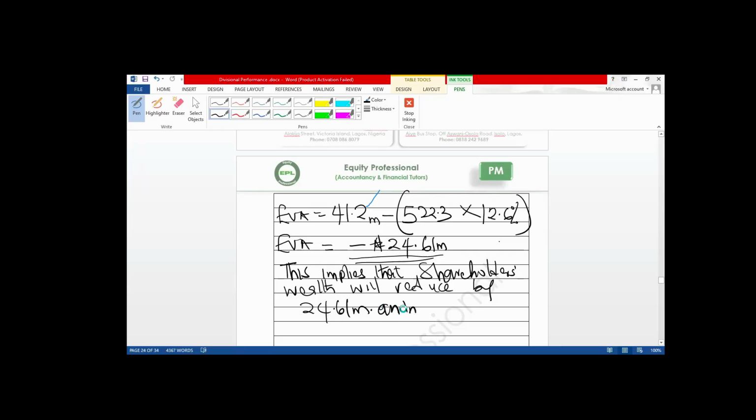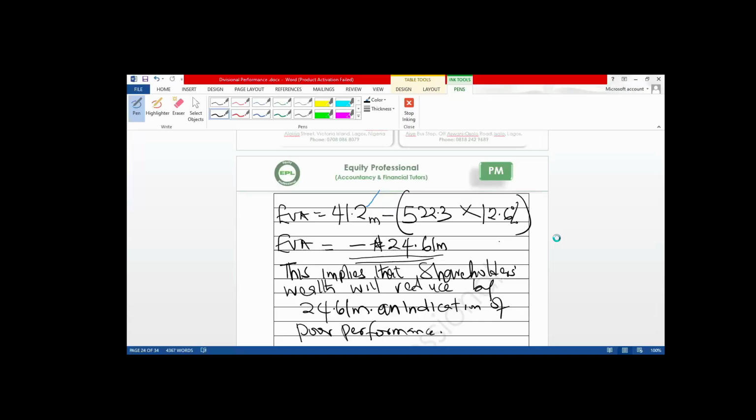An indication of poor performance. We are done with A and B.